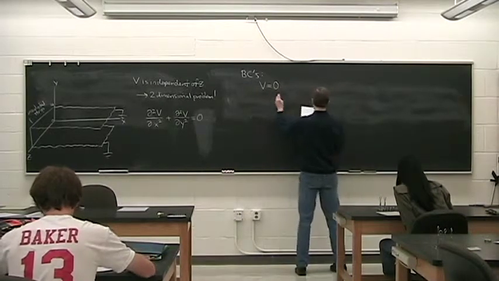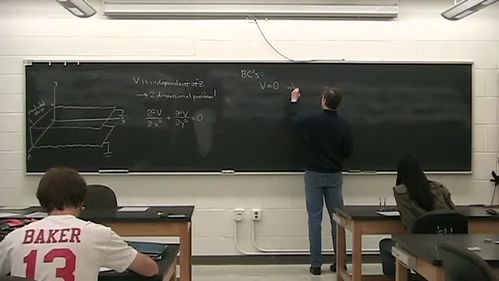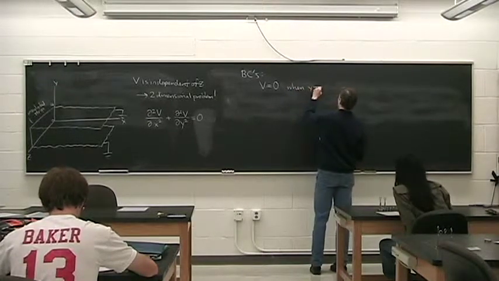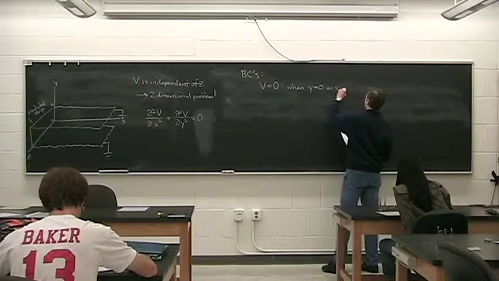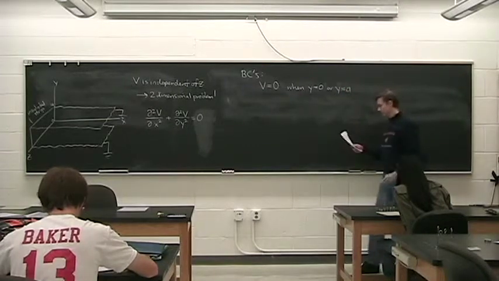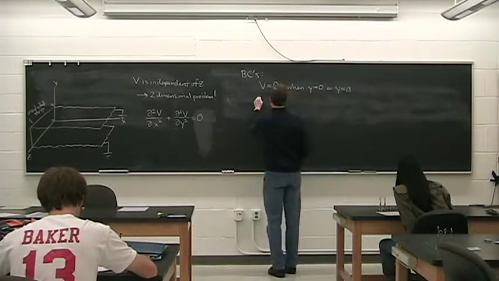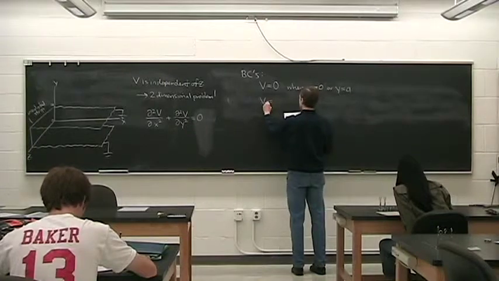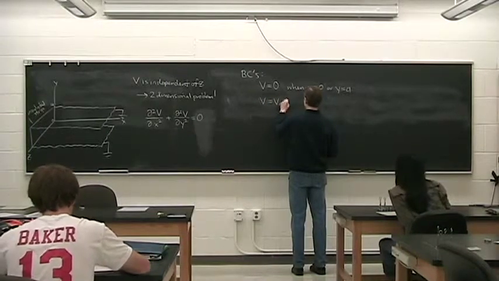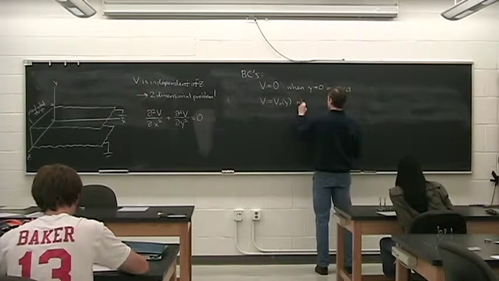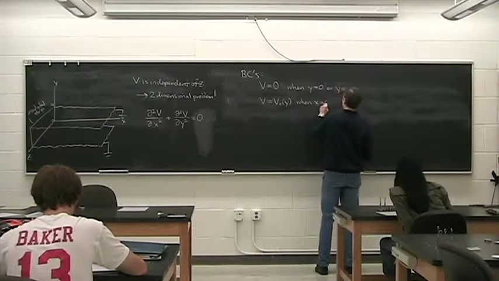So V is equal to 0 when Y is equal to 0 or A. Those are boundary conditions. Another boundary condition is that V is equal to V naught of Y when X is equal to 0 in the slot.